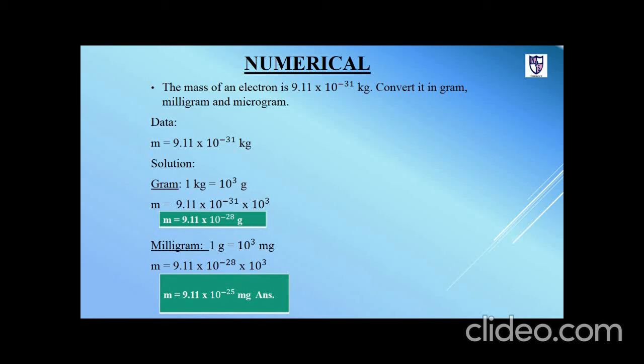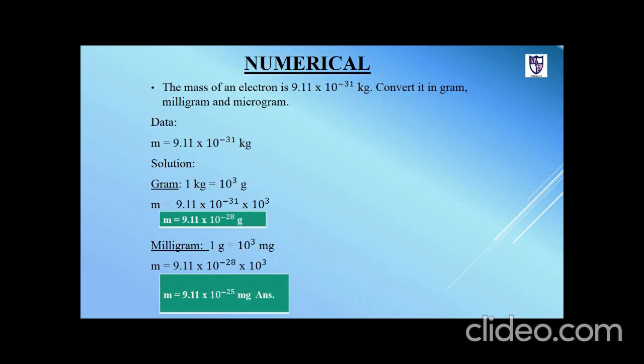See that we have same bases, so we can easily write the number 9.11 as it is, and the exponents will be added as in multiplication. When we have same bases, we sum up their powers, so we will do same here. We have bases 10, so we solve their powers and write the base once.